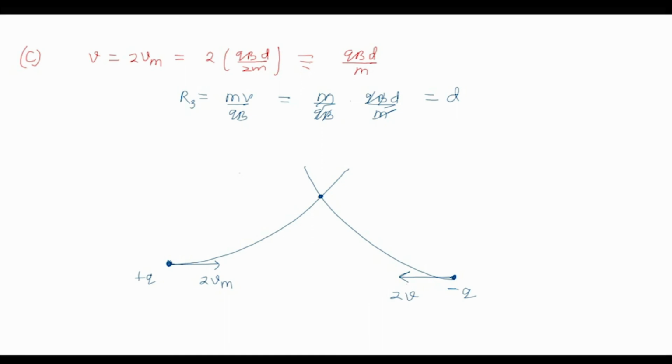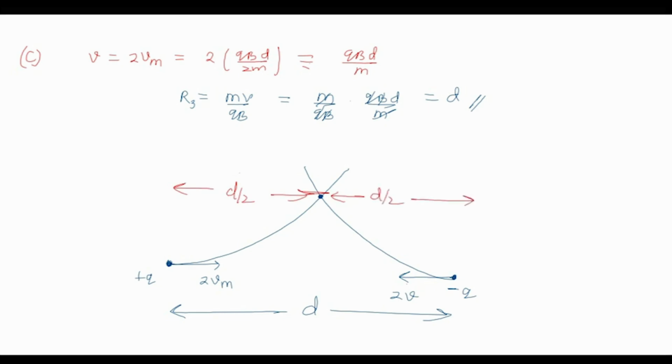So the collision will happen at this point where the initial separation between them was equal to d. So each of them is a part of a circle whose radius is equal to d, and they are colliding at the midpoint, that is d by 2.